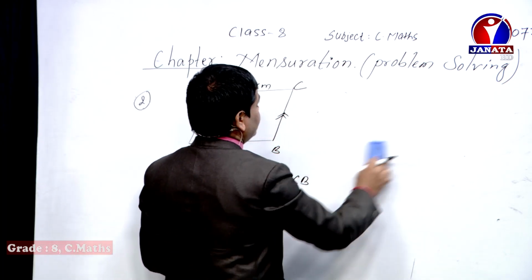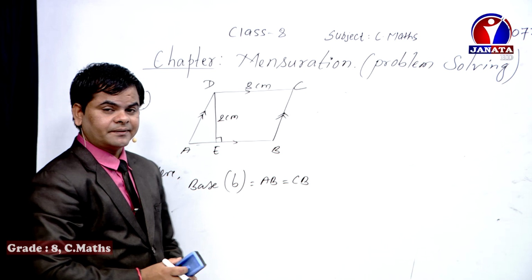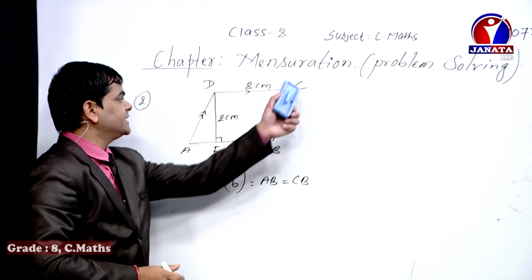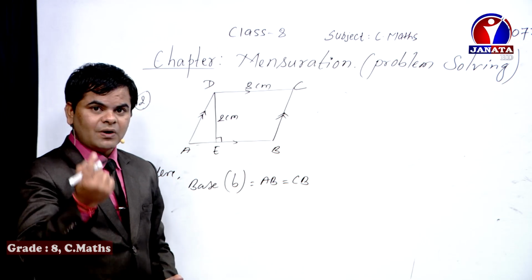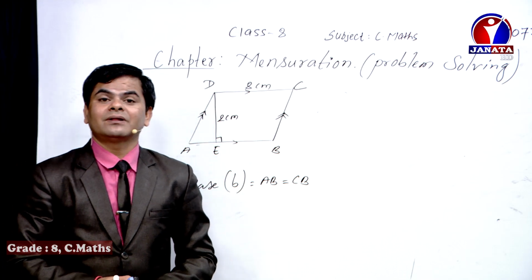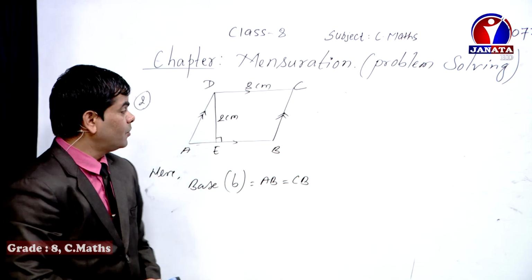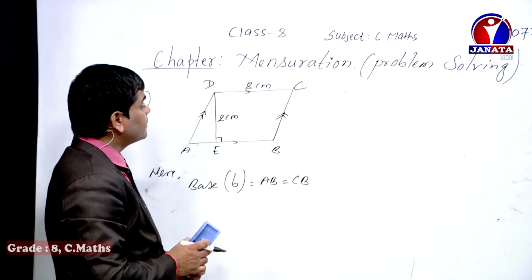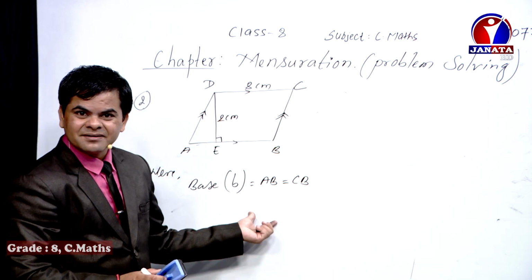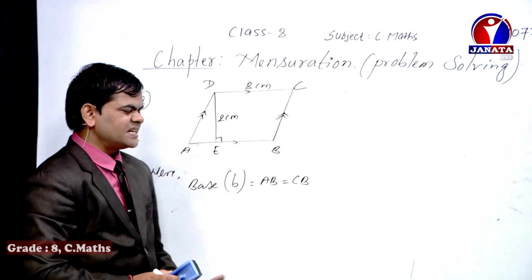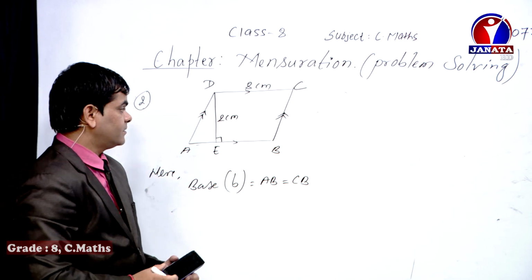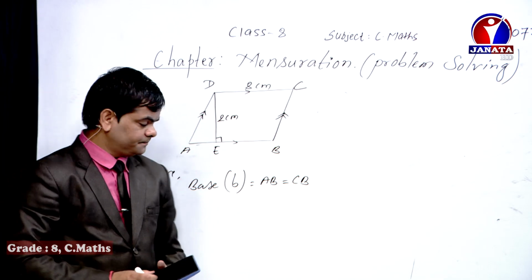And when we join only one diagonal, either AC or BD, the whole parallelogram is divided into two equal triangles. The areas of both triangles are equal to each other. So these are the properties. We don't need all these here, but such properties are very vital and necessary when we solve problems regarding the parallelogram.